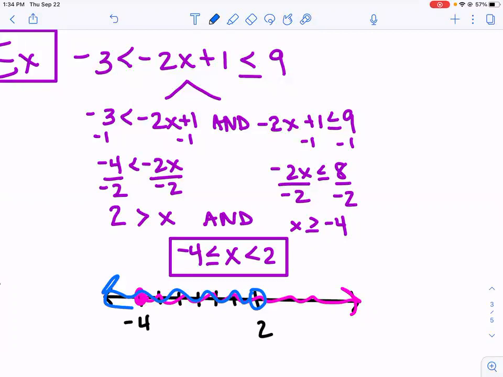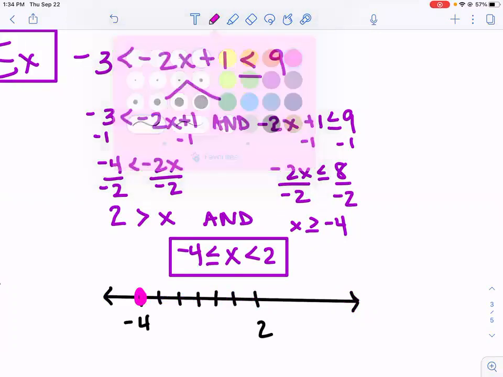Okay, but do we care about pink, blue, both, none, where they overlap all together? What do we care about? Both, where they overlap. So I have overlap in between. So we're going to have an open circle and we're going to have colored in between.